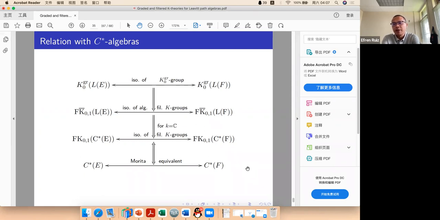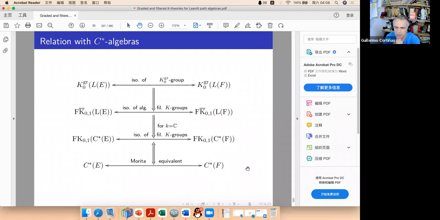Because there are shift equivalent examples, because of this famous counterexample. Whose counterexamples are these?